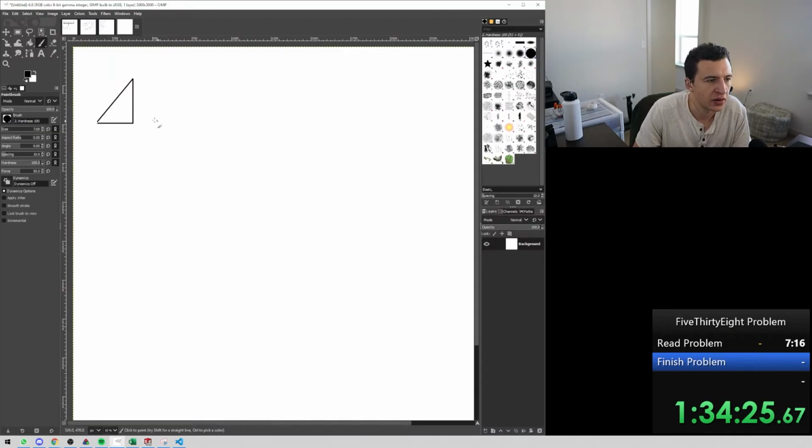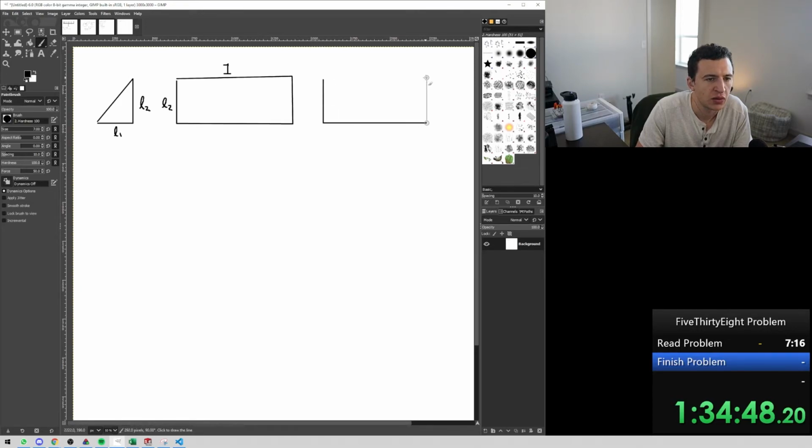So this is L1, this is L2, and then we have this rectangle that has L2 as its height and 1 as its length, and then this one which has L1 and 1.